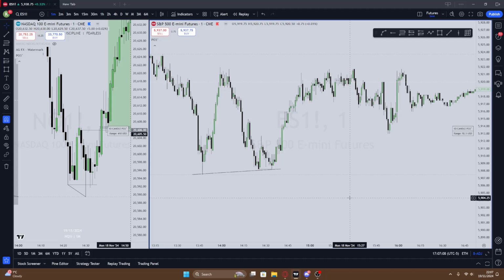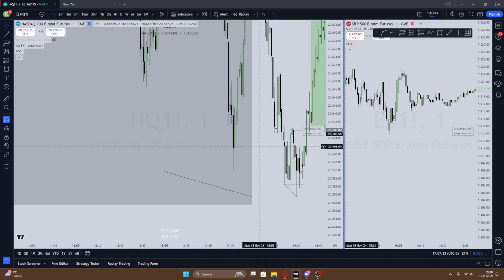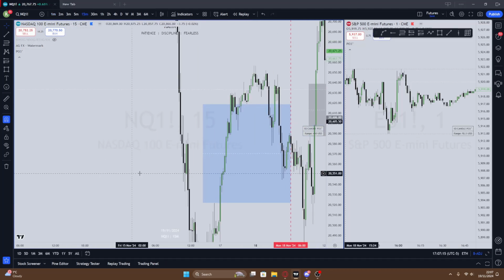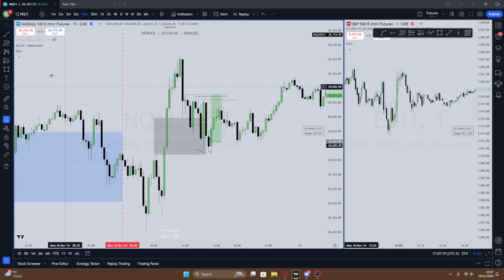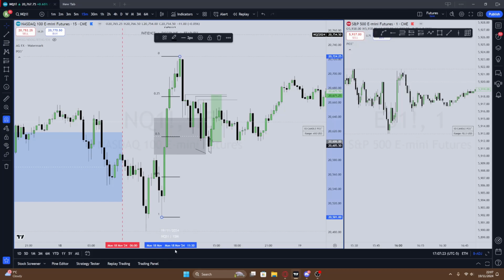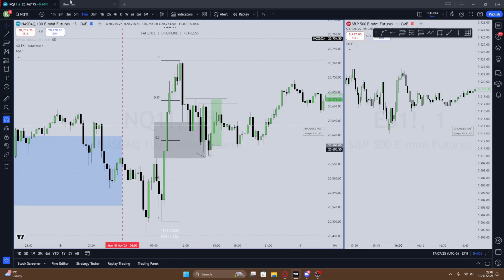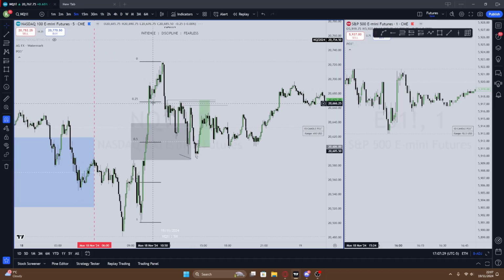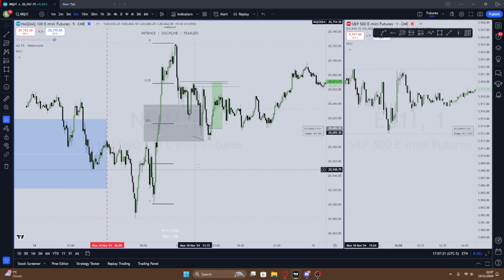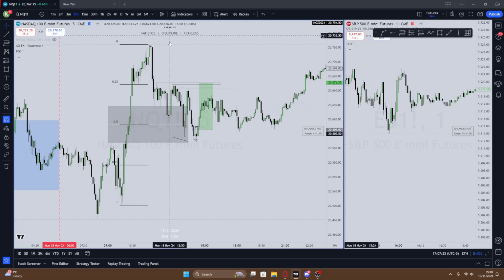And so we had higher time frame SMT, lower time frame SMT, and we also rebalanced into a 15-minute equilibrium, I think. Yeah, so from this low to this high, we rebalanced. I think on the 5-minute we didn't get any taps into a fair value gap except for this one, but we already broke it, so we are going to be using this whole range instead.